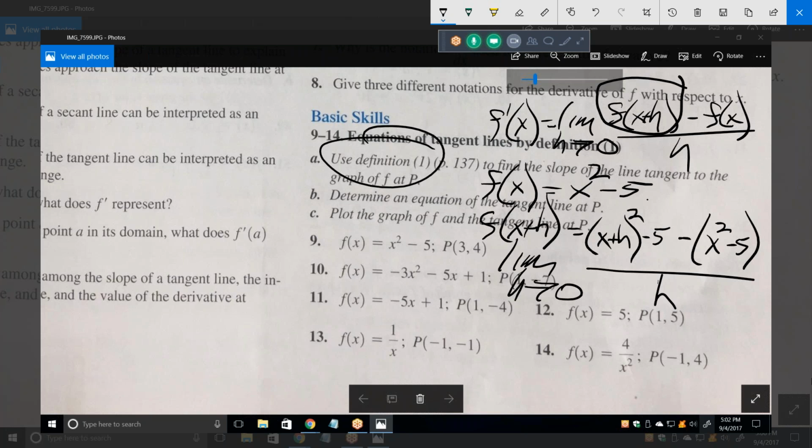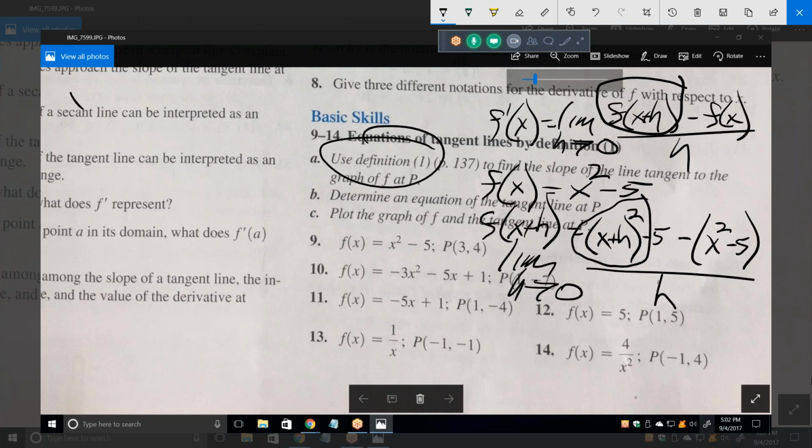Well, the first thing we have to do is expand that. This is one of the easier ones, by the way. So over here on the left, expand that for me. What is x plus h squared?